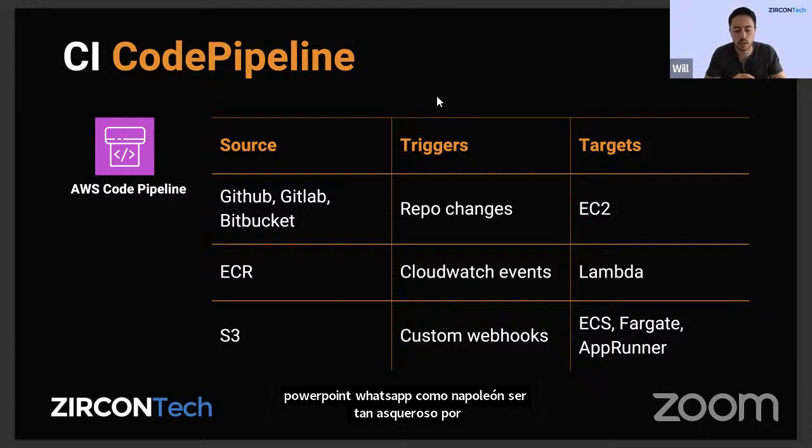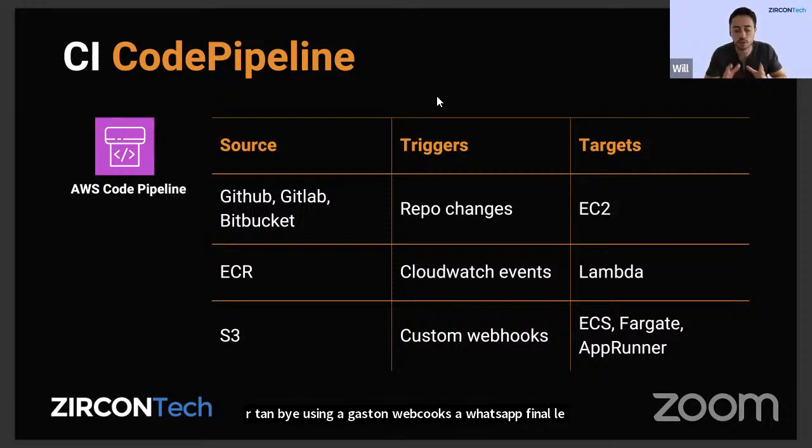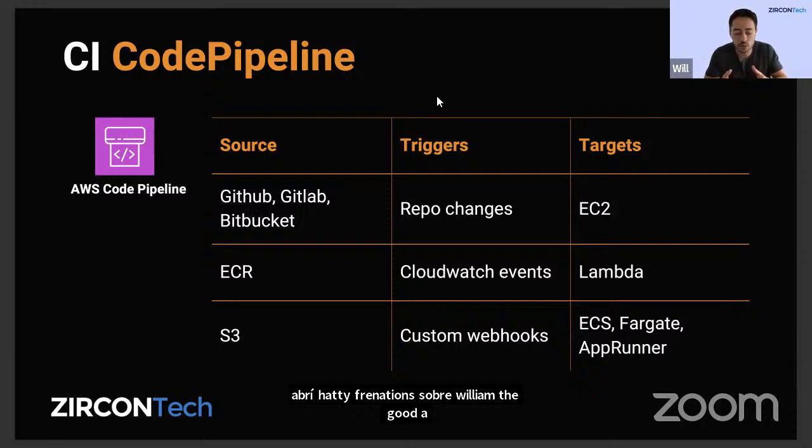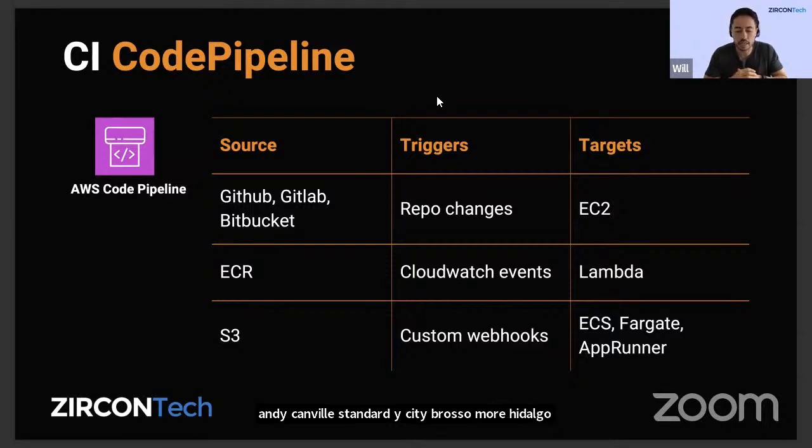We can do that as well. Finally, we have different options where we can tell Code Pipeline to deploy our solution, and this can be standard EC2, but also more high-level services like Lambda, or also container-based like ECS, Fargate, or AppRunner.